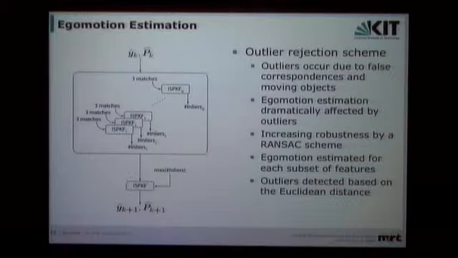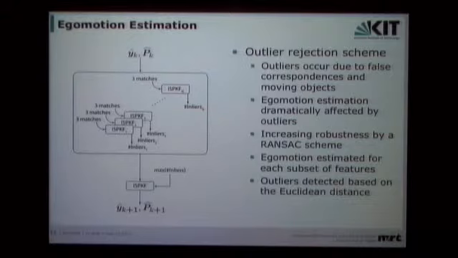To address this problem, we have applied a RANSAC scheme. First, we take only 3 matches, which is the minimum number of matches required for this filter to converge to a solution. Then we run the entire iterated sigma point Kalman filter machinery to derive an ego motion estimate. Then we score all the matches that we have initially computed as inliers or outliers.